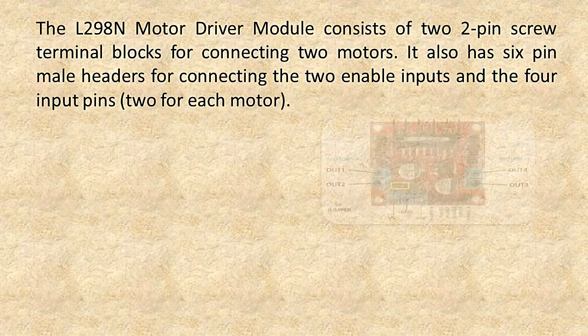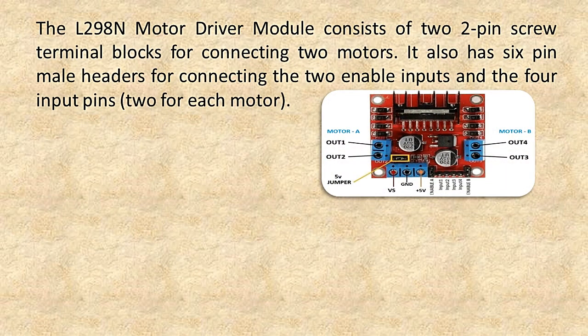The L298N motor driver module consists of a 2-pin screw terminal block for connecting two motors. As I explained in the earlier slide, this is the 2-pin screw type terminal block. It also has 6-pin male headers for connecting 2 enable inputs and 4 inputs, 2 for each motor.